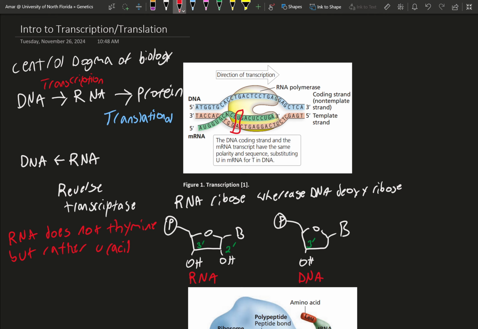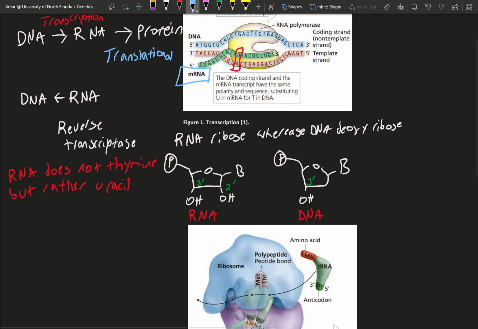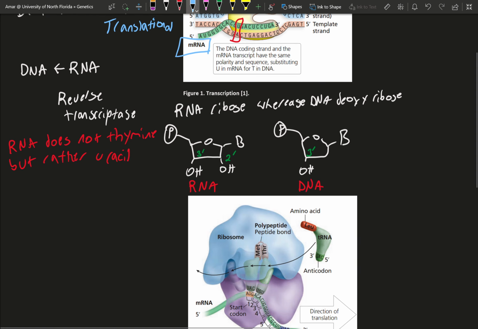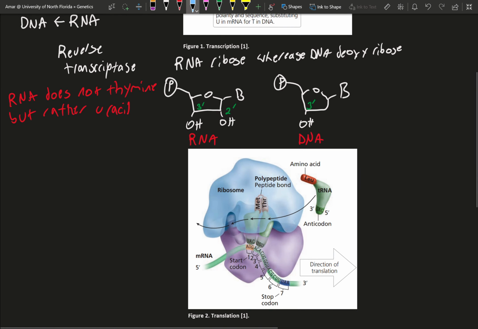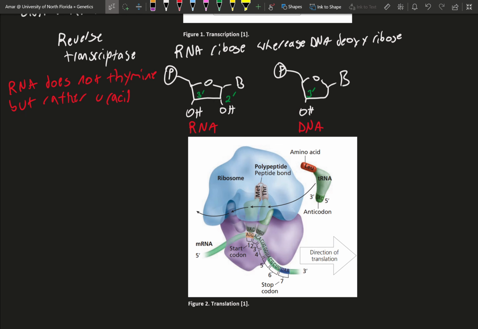Additionally, the RNA sequences that you end up developing are not double-stranded, but rather single-stranded. So that's something to take note of. Basically what happens is you have this mRNA sequence and you pull it into something called a ribosome.